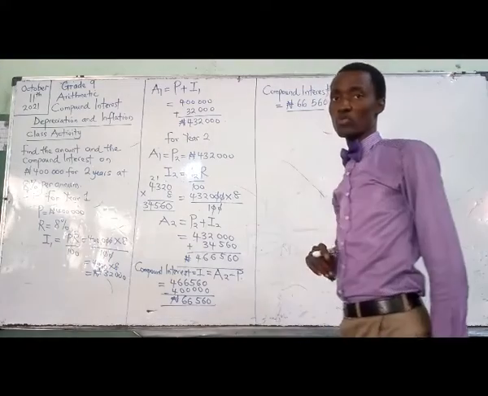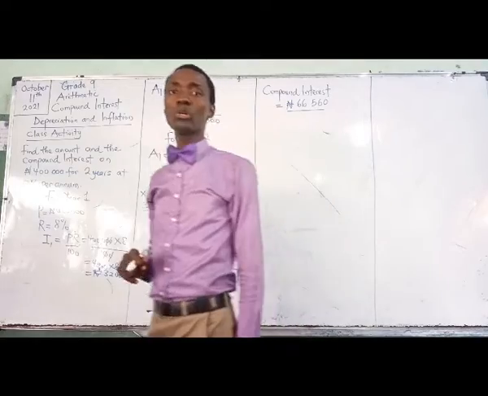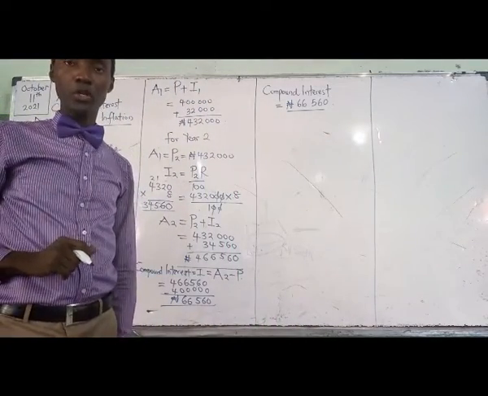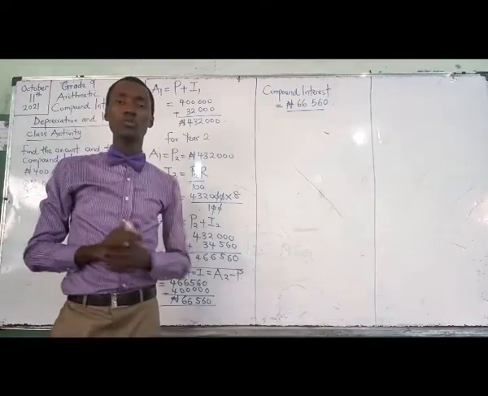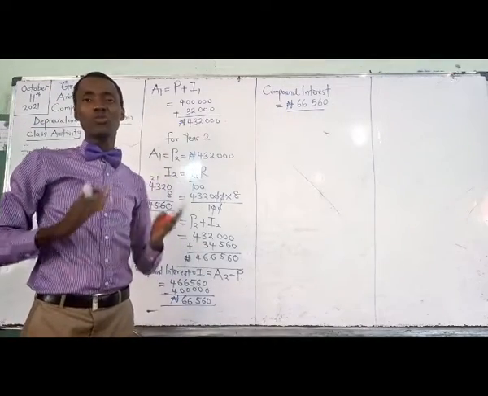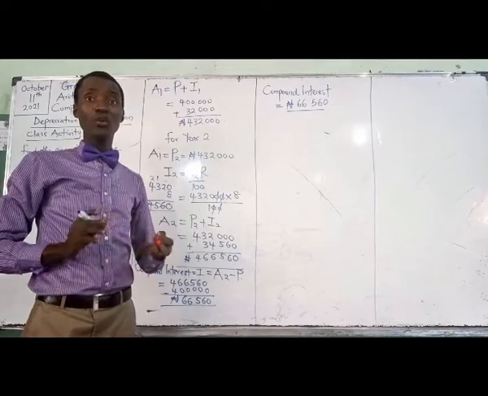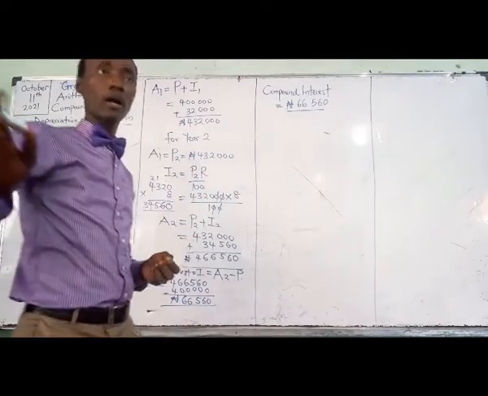So that's the compound interest you are going to get, and that takes care of this problem. So we are going to go now to look at depreciation, and first of all start off with depreciation, and afterwards we go ahead to do inflation.